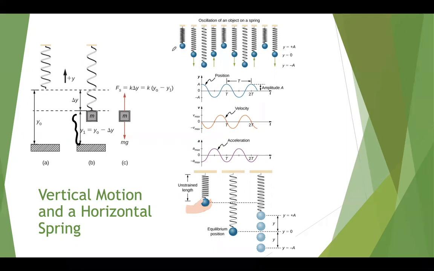Now, looking at this figure here, this has a lot of information, but we're again just looking at oscillation of an object on a spring. Say we have some particle or ball at the end here, and we have it compressed at the start, and then we release it and it goes down and then stops at some point and then goes back up to that compressed point and then goes all the way down to the most elongated point and so forth.